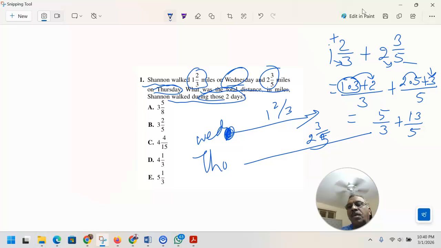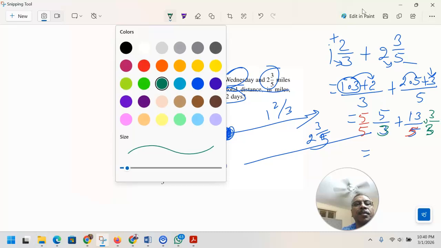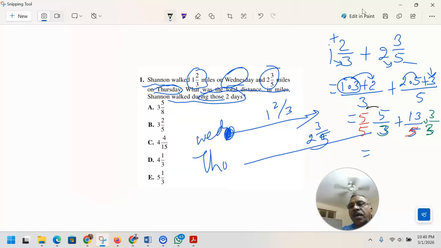Now to simplify this, we need a common denominator. Let's multiply the 5/3 by 5 on top and bottom, and the 13/5 by 3, so that we get a common denominator of 15. So this would be 5 times 5 is 25 over 15 plus 13 times 3 is 39 over 15.